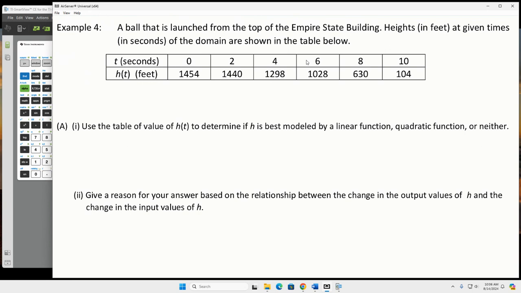The first and second differences, right? All right, so let's find those first and second differences. So take one, subtract the previous one, please.